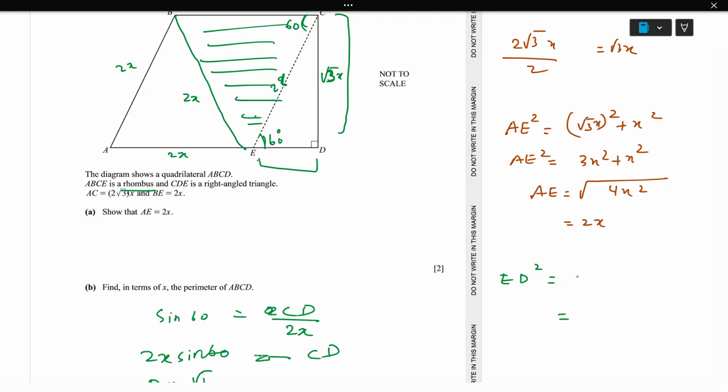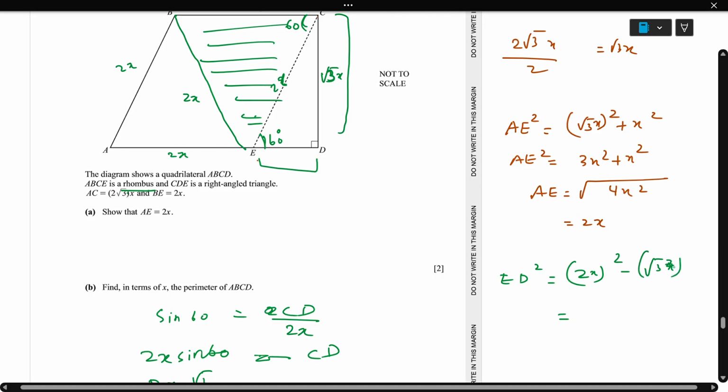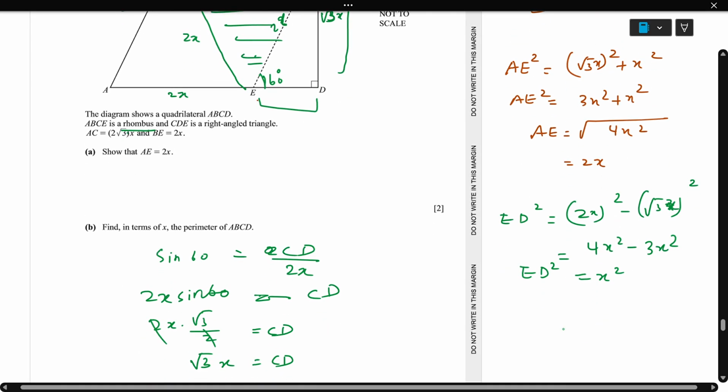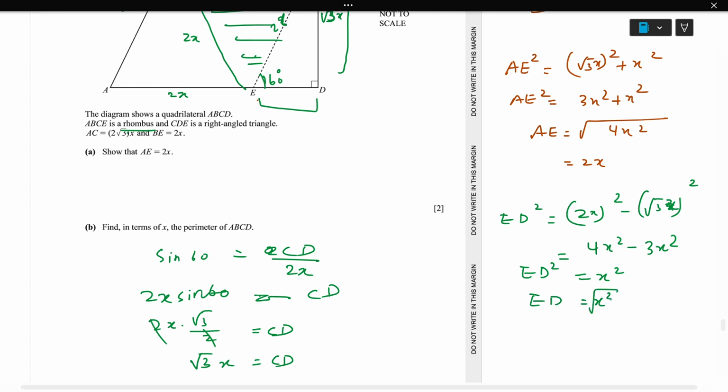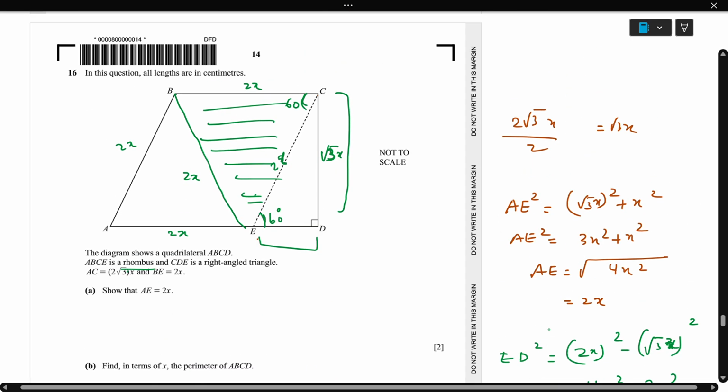So which is 2x whole square minus root 3x whole square, which is 4x square minus 3x square, because square and square root are rid of, which is x square here. So ED square equal to this, ED equal to square root of x square, which is going to be x. ED equal to x. So this also we got x.